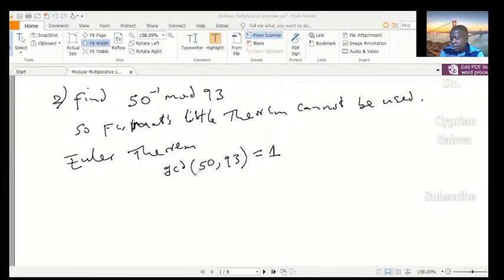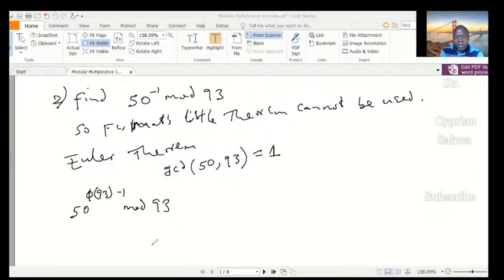And what does Euler theorem say? Euler theorem says that the inverse will be given by 50 raised to phi of 93 minus 1, mod 93. But what is phi of 93?